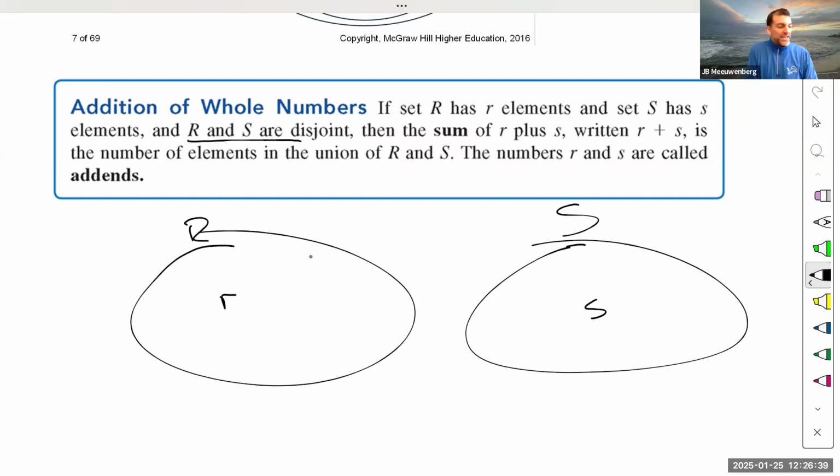You remember what that means? It means they don't have anything in common. They don't have any elements in common. That's actually a really important part of this definition.